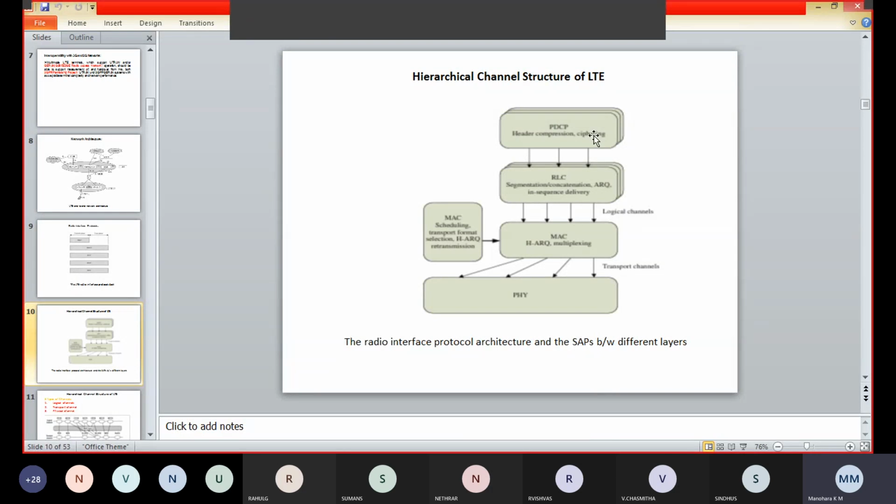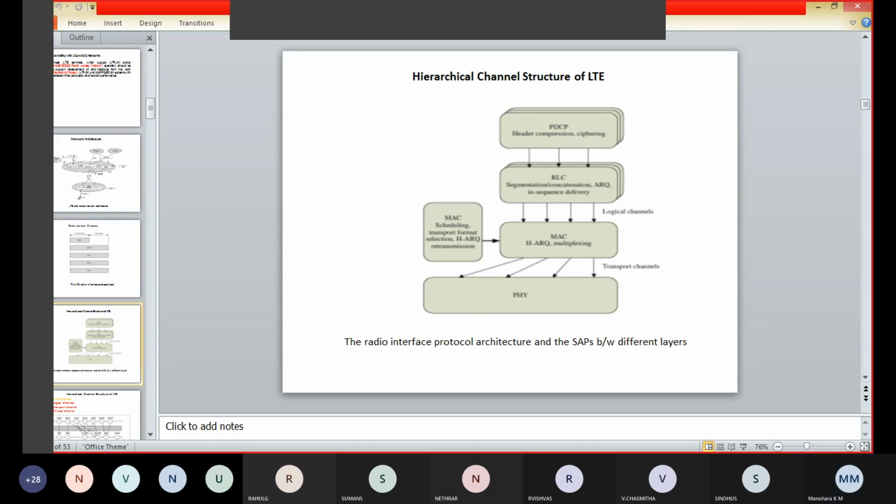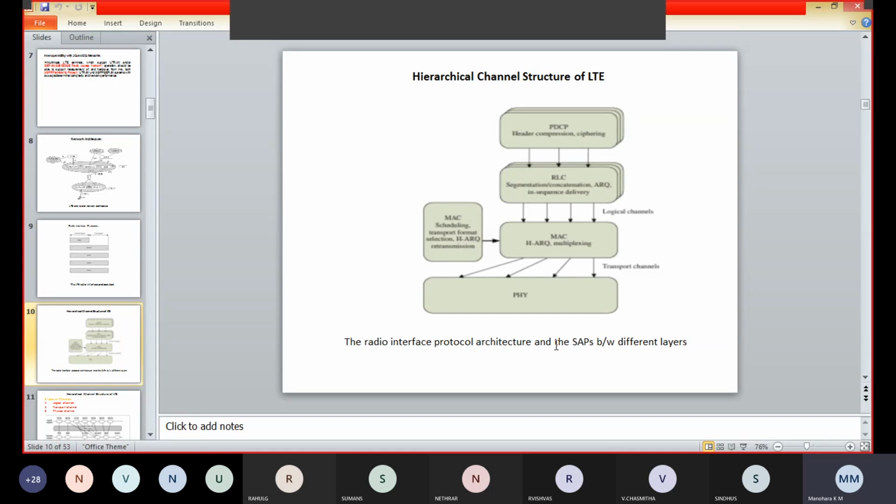A transport channel is basically characterized by how and with what characteristics the data is transferred over the radio interface, that is, the channel coding scheme, the modulation scheme and the antenna mapping.